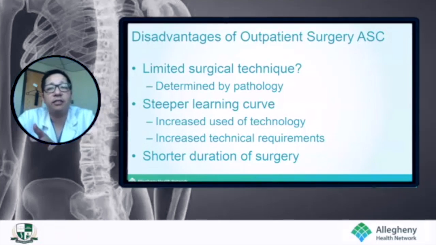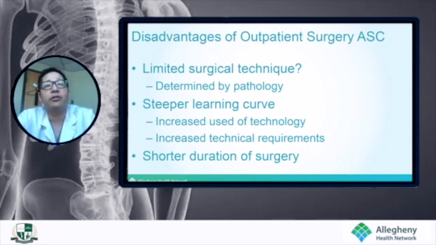So what are the disadvantages of outpatient surgery and ambulatory surgery centers? Well, number one, it's a different type of technique. Everyone treats spinal pathology differently, and some spinal pathology requires more maximal or larger incisions, larger fusion levels. There is a steeper learning curve. There is increased use of technology.